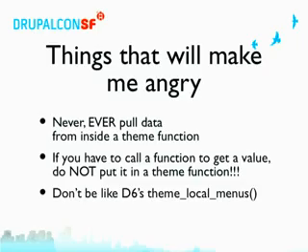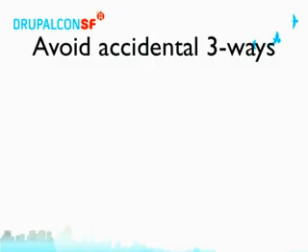Then the theme thinks, I need to modify this output a little bit too, because I need to change the HTML a little bit, and the only way it can do that is by creating a theme override which replaces the original. The theme's like, this is sweet, I'm going to go in and modify this exact theme function. This is going to be awesome. And they just discover that they've had an accidental three-way, basically.